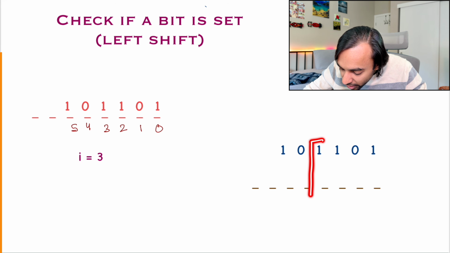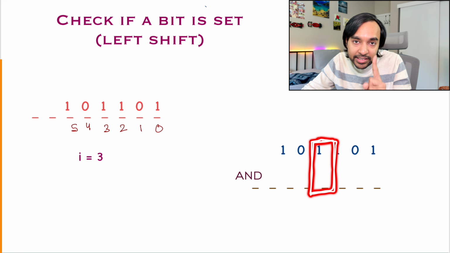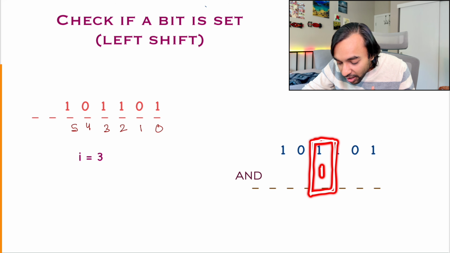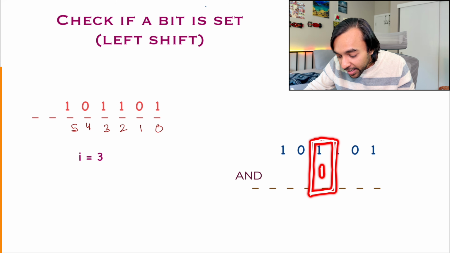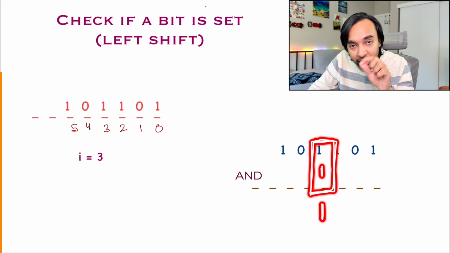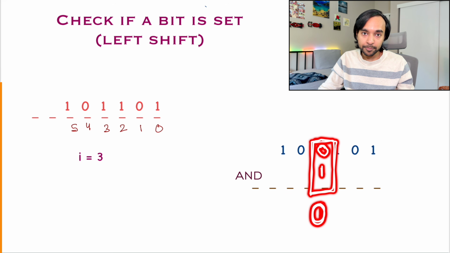What does it mean if a bit is set? This value should be 1, correct? So if I have a 1 over here, then in the result I will have a 1 over here. And if this particular bit was not set, then this would have been a 0. I do 0 and 1 and then I will get a 0 over here.